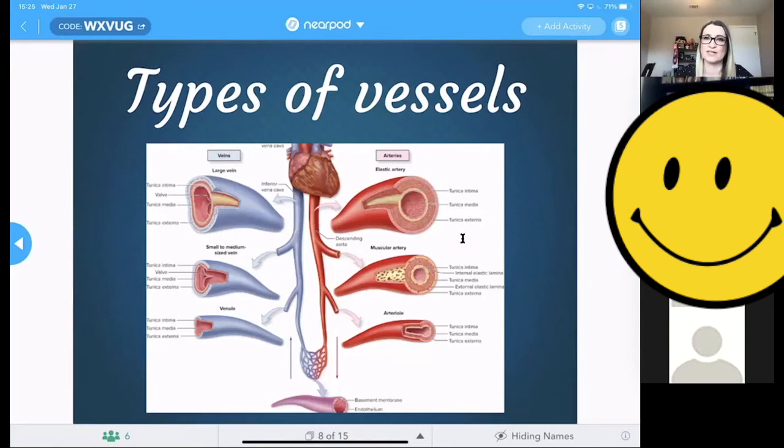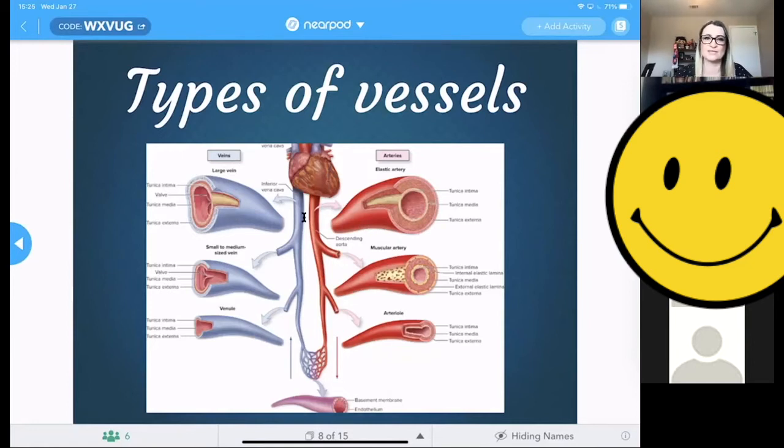The elastic fibers are concentrated here within the internal and external elastic lamina, as we saw on the image when we labeled the artery. We also call these distributing arteries. So these would be going towards a specific organ, okay?